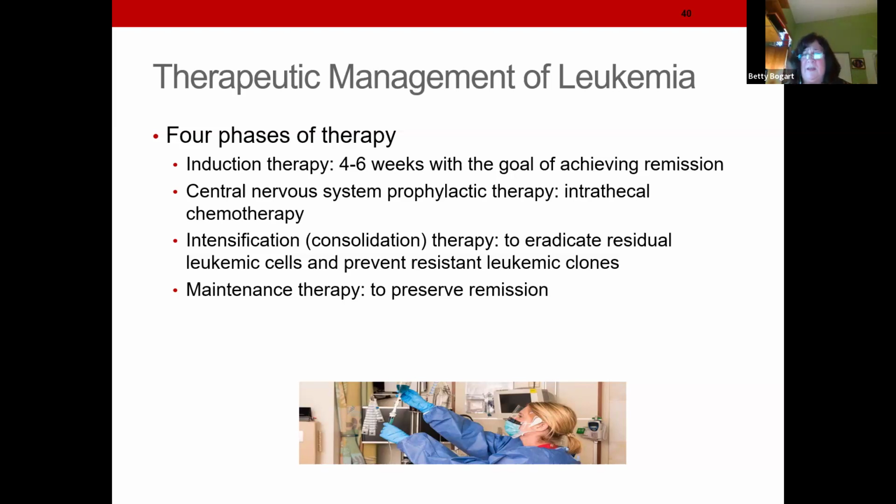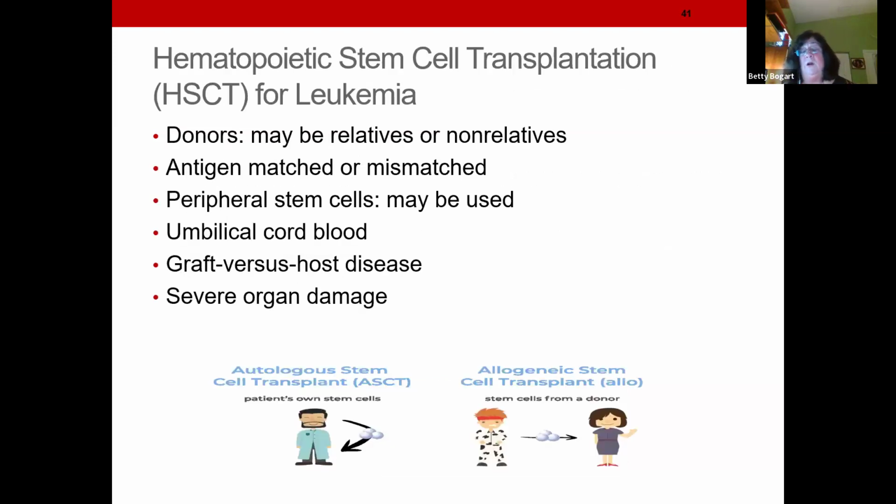They also put them on longer therapy to get rid of anything still in there and to preserve that remission of the cancer. So the induction goal is that remission, and it could be 3 or 4 different types of chemo, depending on what sort of cancer it is.